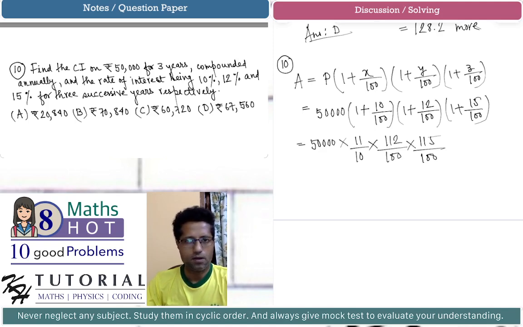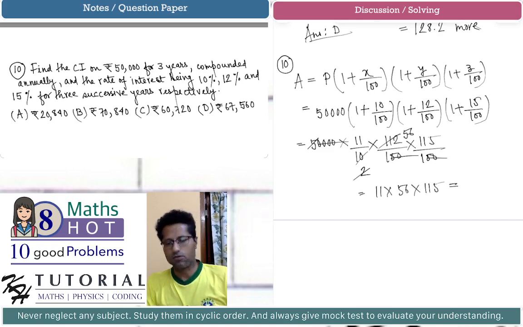So we can cancel 4 zeros from the 50,000, and 4 zeros cancel out from the denominator. 5 cancels 10, 2, and 2 divides 112 with 56. So the answer is 11 multiplied by 56 multiplied by 115.